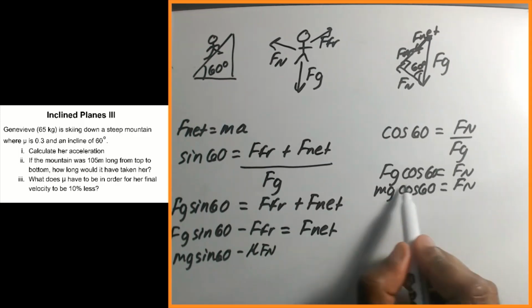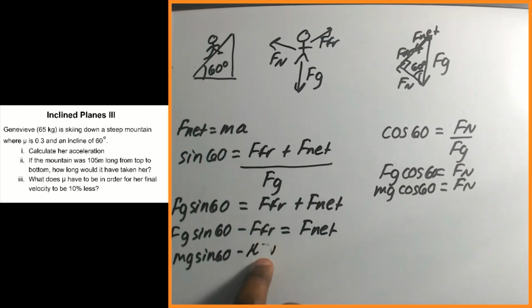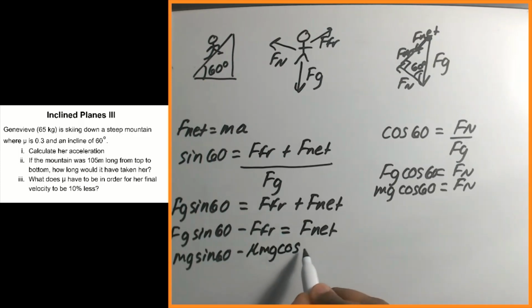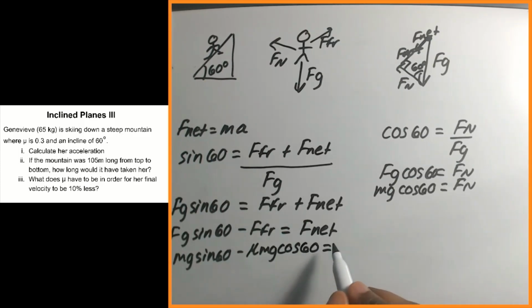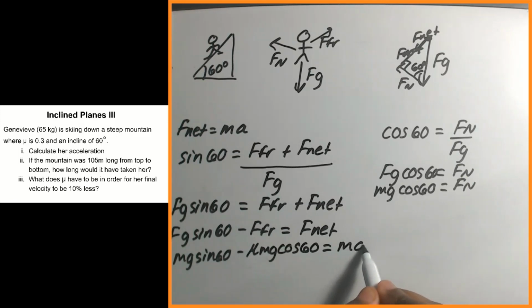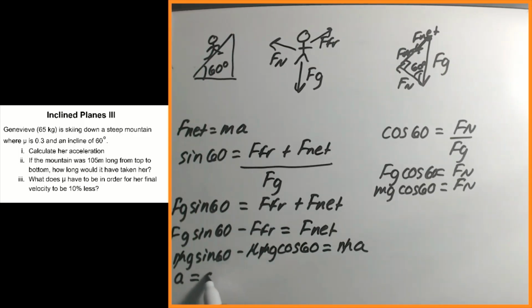So we can go ahead and plug that in here. You get mg cos 60 is equal to F net, and remember F net is just ma. Note that you can cross out the m's because they occur everywhere. So now we're just left with a is equal to all of this. I can rewrite that: a is equal to g sine 60 minus mu cos 60.